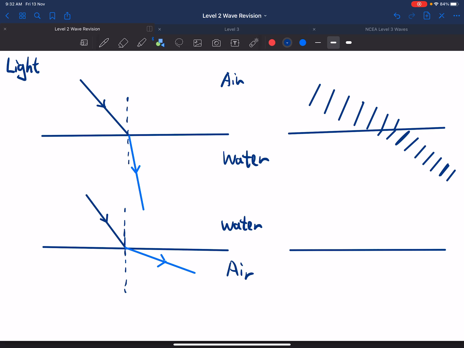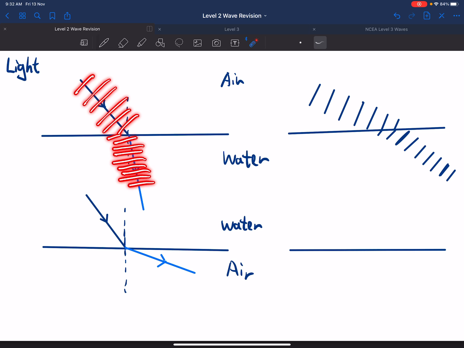So again, I can think about this one with the other one. I can draw it on here as well. It should be like 90 degrees, like that. And then slow down, the wavelength becomes smaller like that. Does that make sense?